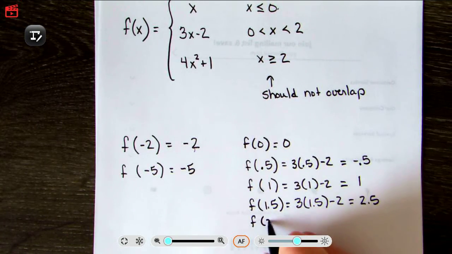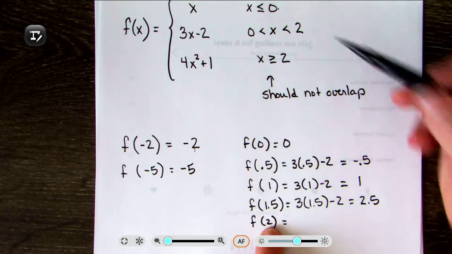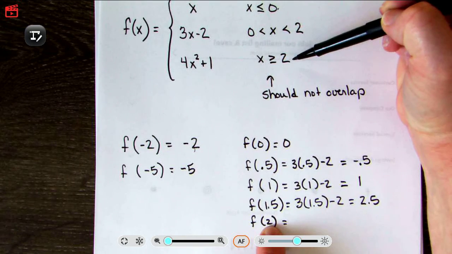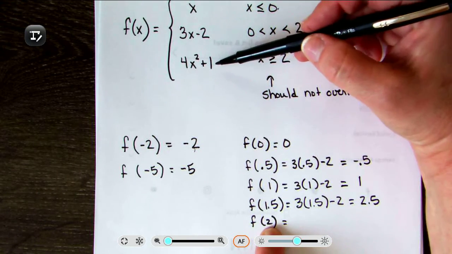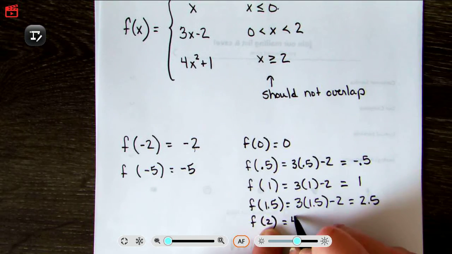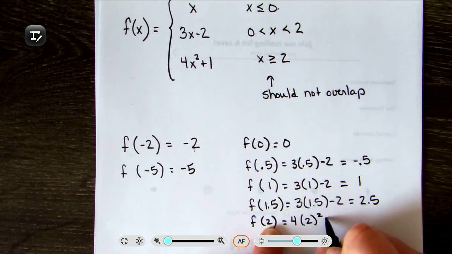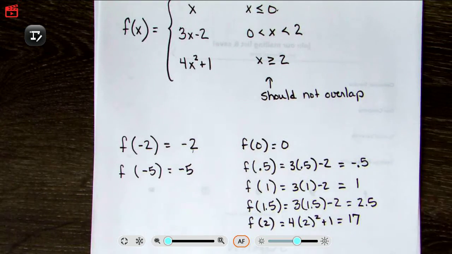Let's go to f of 2. Well, that is in this section here now, because 2 is equal to 2, so I now have to bump up to this third set of rules. So I will be doing 4 times 2 squared plus 1. 2 squared is 4, times 4 is 16, plus 1 is 17.